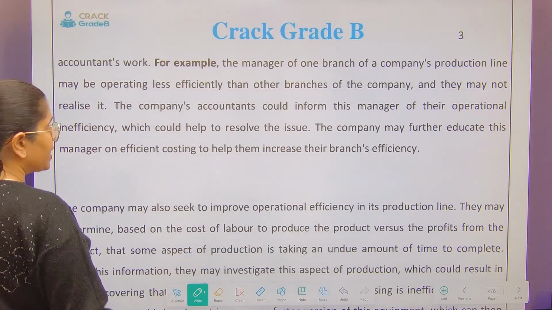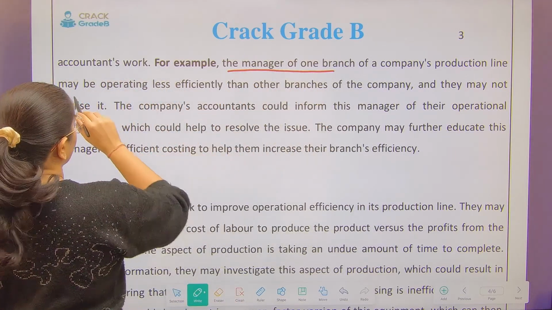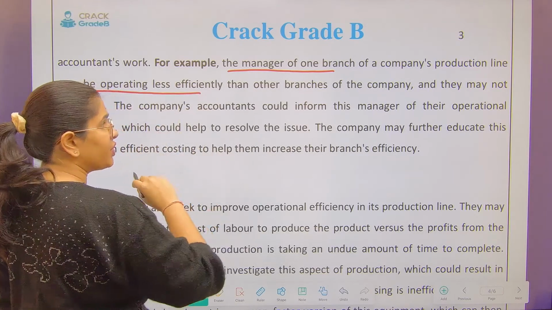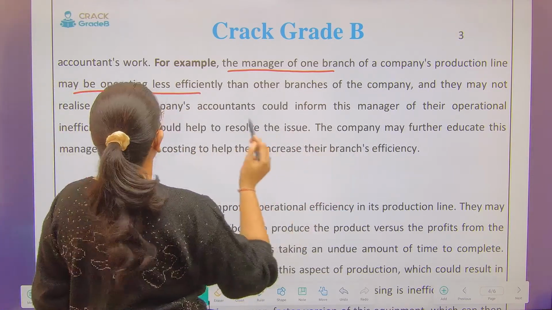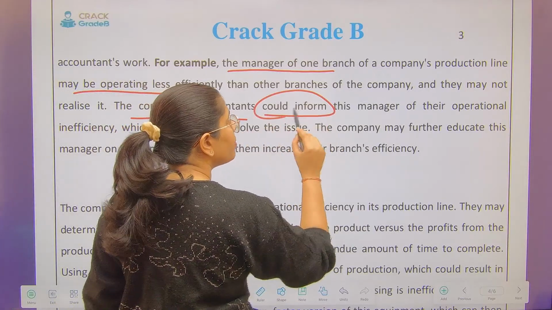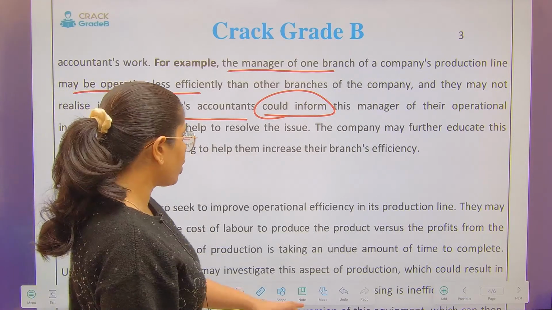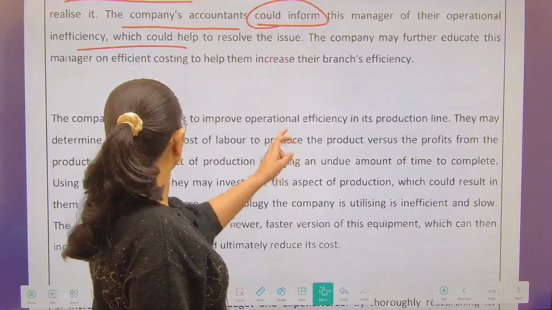For example, the manager of one branch of a company's production line may be operating less efficiently than the other branches and may not realize it. So the company accountant could inform this manager of their operational inefficiency, which could resolve the issue.